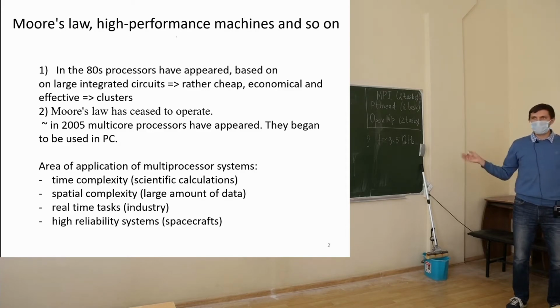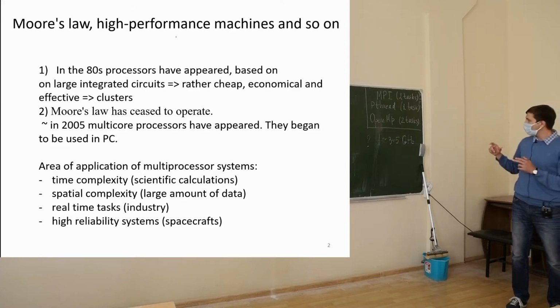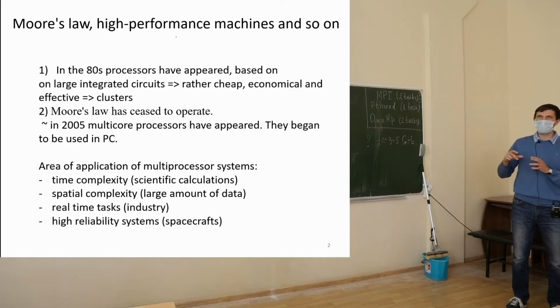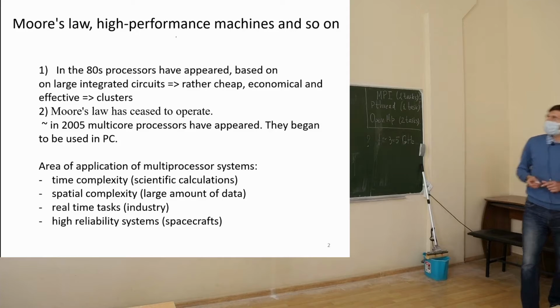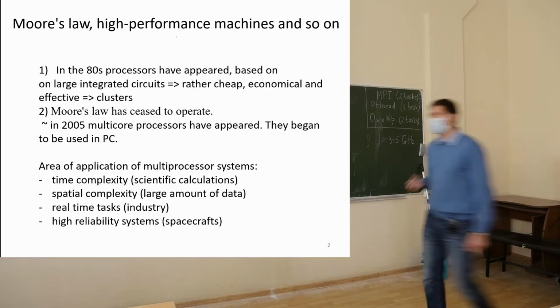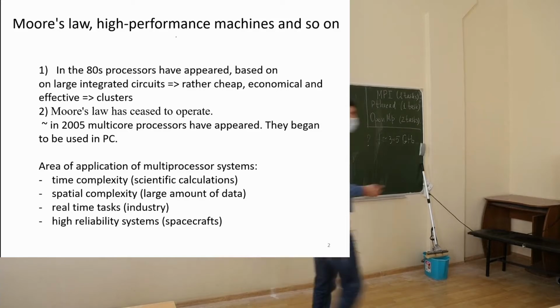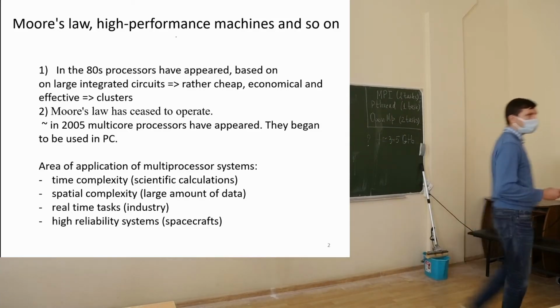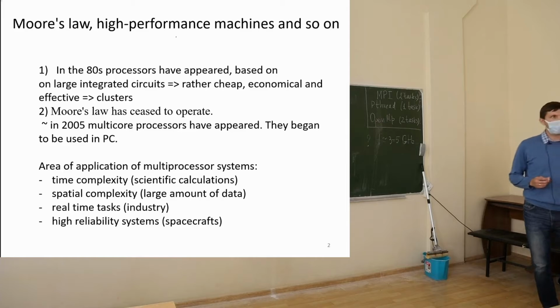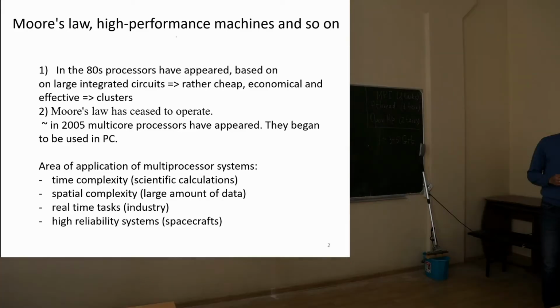This approach was not new, because machines combining different processors existed earlier. But now it was natural to make performance higher and higher, because Moore's law ceased. Okay? Do you know about Moore's law? Yes?